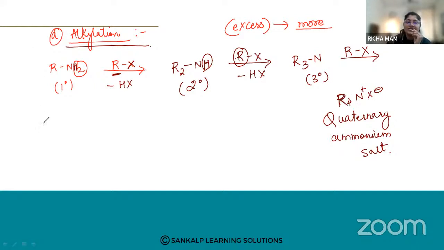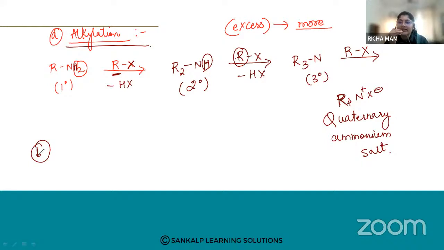So this is the alkylation reaction. Is it clear what we are doing in the alkylation reaction? We are taking a primary amine and reacting it with excess alkyl halide.